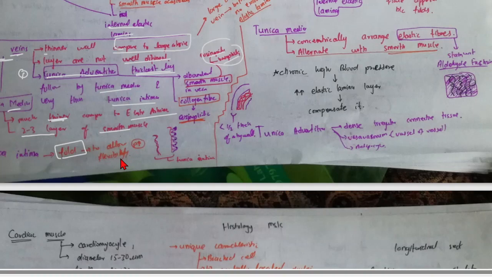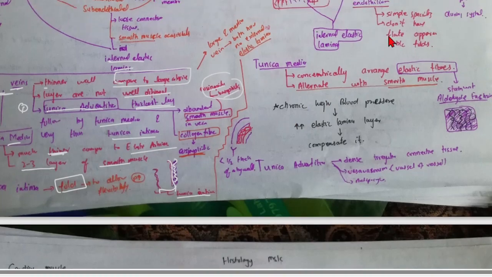The folds allow flexibility, so veins are more flexible. If you increase the pressure, it can be folded. If you see, this is the tunica intima, the internal layer, and the folds are present here.